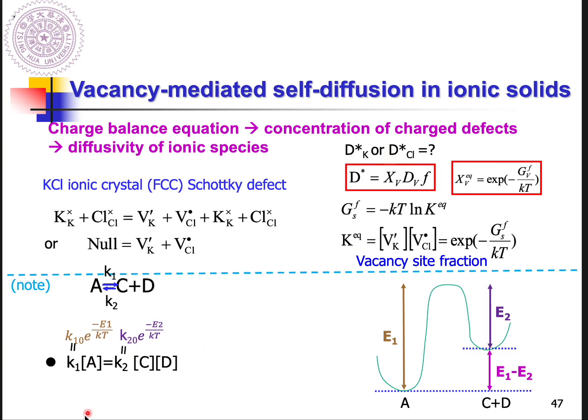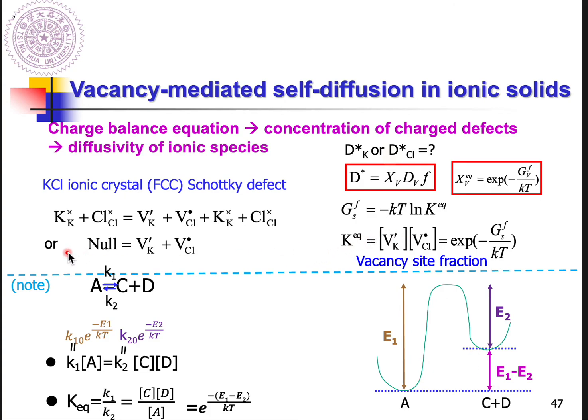So the equilibrium constant is the forward rate constant K1 divided by the backward constant K2. Substituting CD over A, you move A to the right-hand side and K2 to the left-hand side, so you get K1 over K2. If you divide these directly, the energy becomes proportional to minus E1 minus E2, and E1 minus E2 is actually the energy barrier we're talking about.